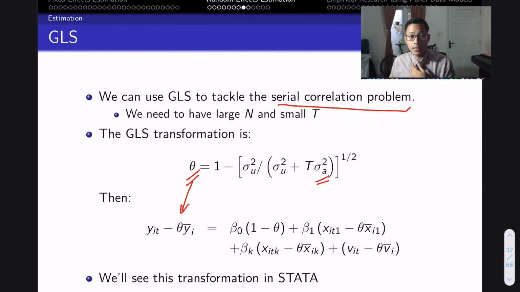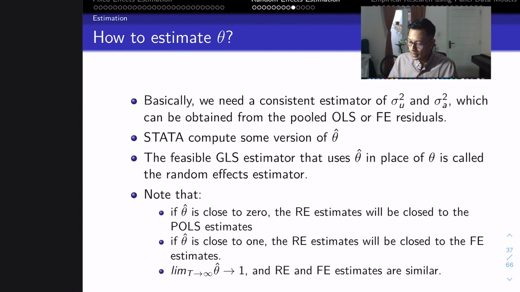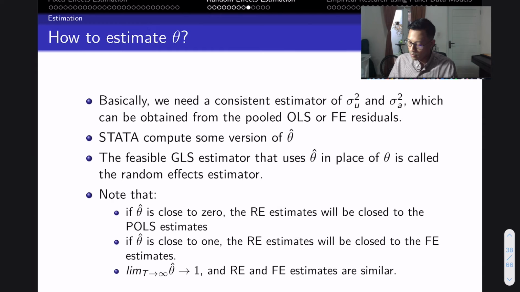What we can do now is to estimate theta. Again, theta is something that we don't see because this is something in the population, but we still need a consistent estimator of the variance of the shocks and the variance of the unobserved heterogeneity. What we can do is use the pooled OLS and the fixed effects residuals to get these two estimates.